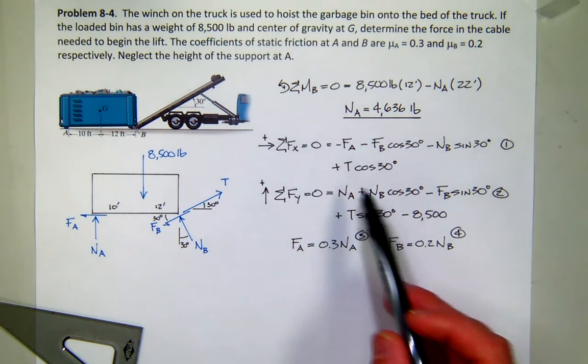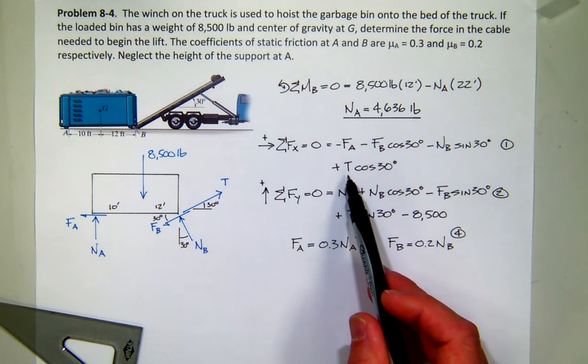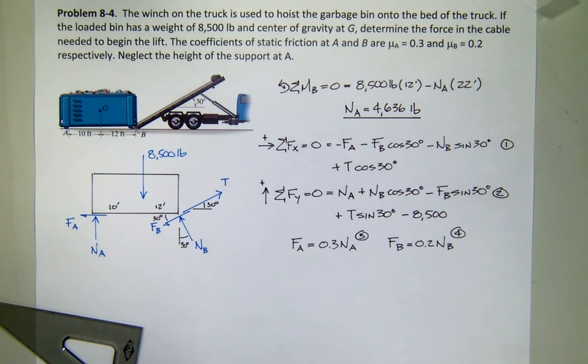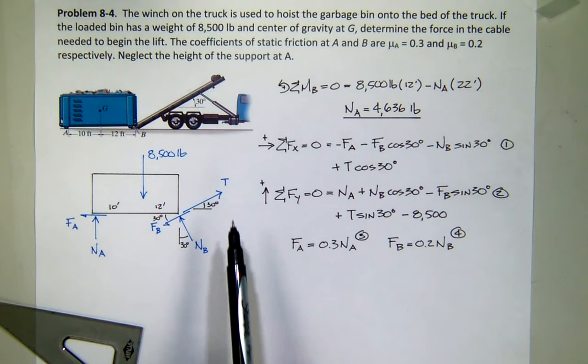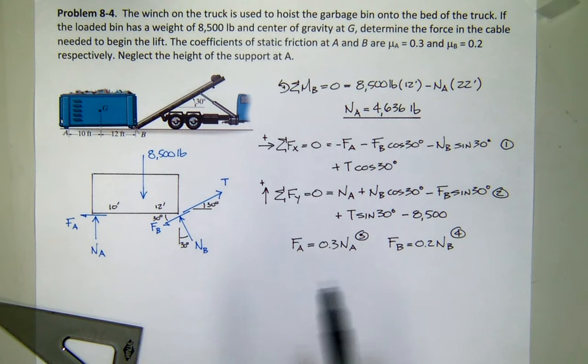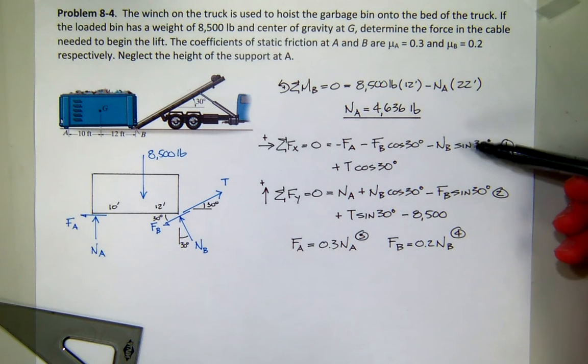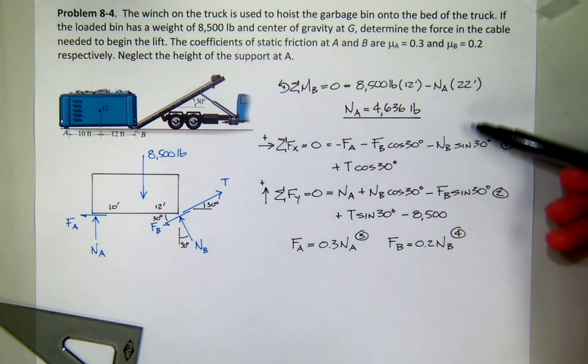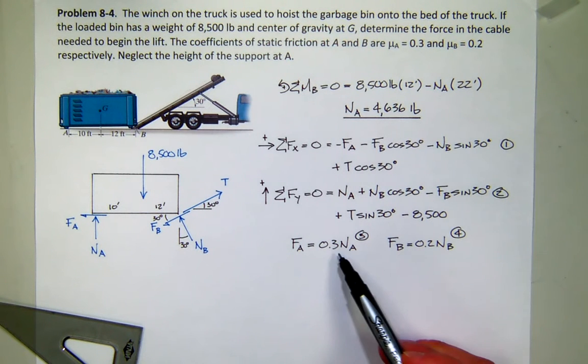And eventually, all we want is the tension force. So you want to solve for T. It would take some time to do. So I wanted to show you this problem because it's kind of jumping out of the box, it's a little complicated. But the important thing for me is that you write your equations of equilibrium and then what assumptions you make.